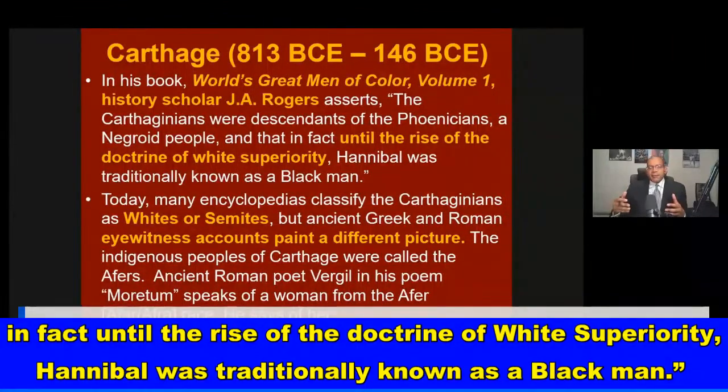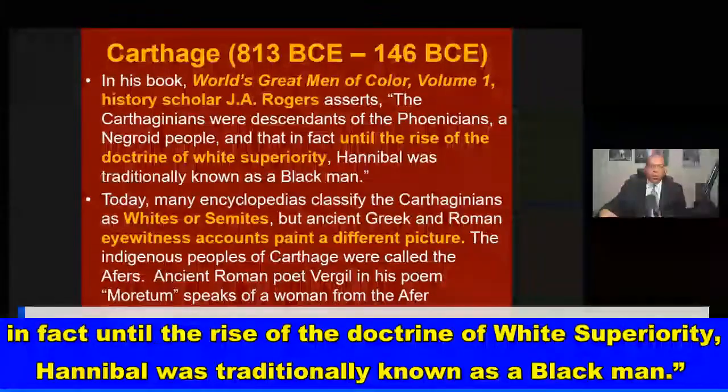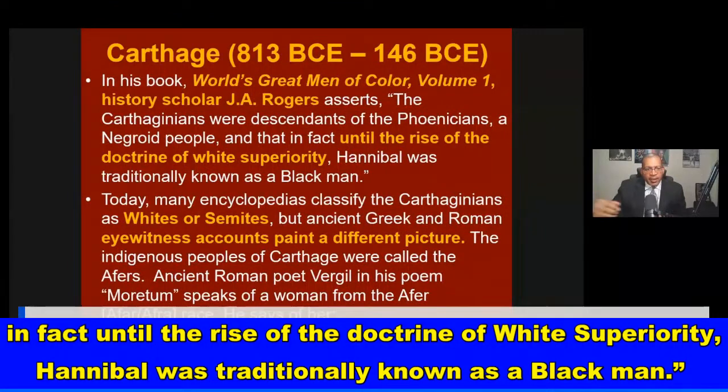Now today, many encyclopedias classify the Carthaginians as whites or Semites, but ancient Greek and Roman eyewitness accounts paint a different picture. The indigenous peoples of Carthage were called the Afers, A-F-E-R-S.